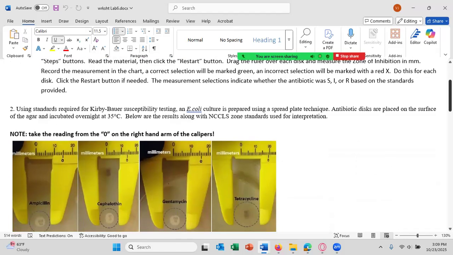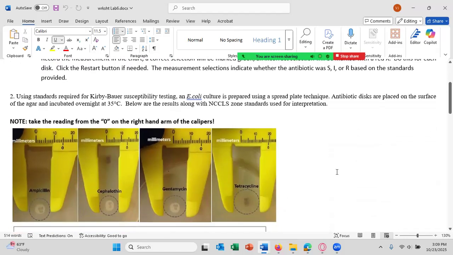In table 2, we have some discs which we set up with the Kirby-Bauer disk diffusion method, and we're testing the susceptibility of E. coli to various antibiotics: ampicillin, cephalothin, gentamicin, and tetracycline.